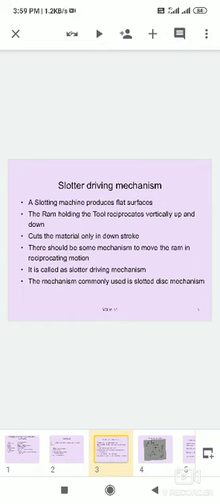The slotter base or bed is made of cast iron or grey cast iron, and it has a heavy construction. There is also storage capacity on the bed to supply oil during the cutting operation.